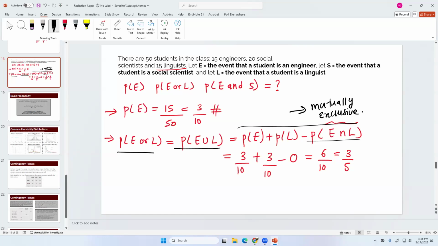Yeah, if both events are exclusive, then your intersection probability is 0. So you don't have to find it. You just set it to 0, right? So you first have to read the question to see if things can be mutually exclusive or not. So what about the last one?